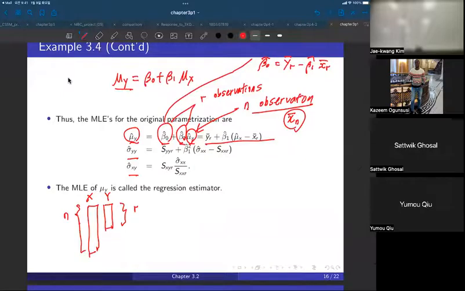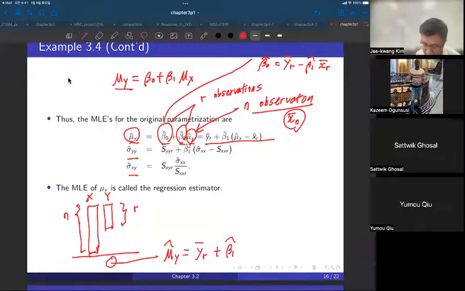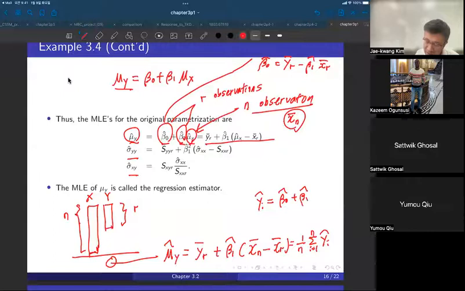What P.W. Anderson figured out is how to compute the MLE for the marginal mean of Y, mu hat Y, which is Y bar R plus beta hat 1 times X bar N minus X bar R. This is actually 1 over N, sum over i from 1 to N, of y hat i, where y hat i is beta 0 hat plus beta 1 hat x i.